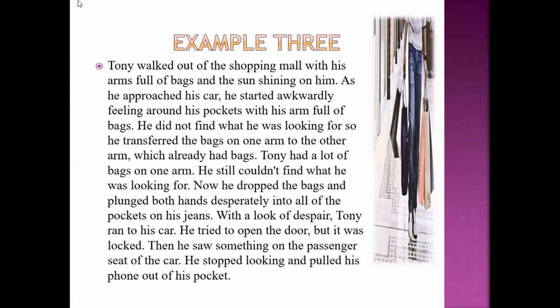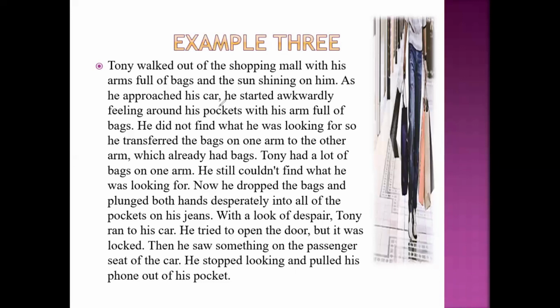So what assumption can we make about Tony based on the information that is presented to us? We can assume that Tony was locked out of his car, or he locked the keys of the car inside.